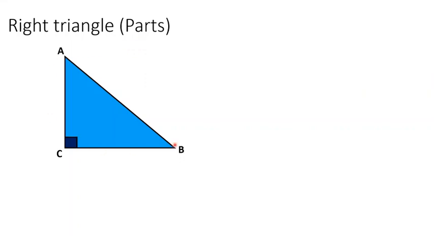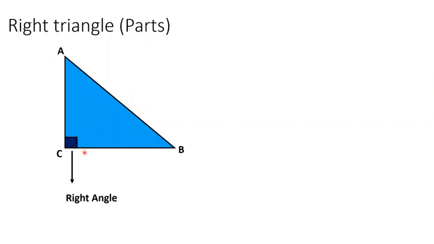So here we have a right triangle, and of course, how do we know that this one is a right triangle? We have here a label. This label means that this angle is a right angle. Since we have a right angle in a triangle, we can conclude now that this triangle is a right triangle.